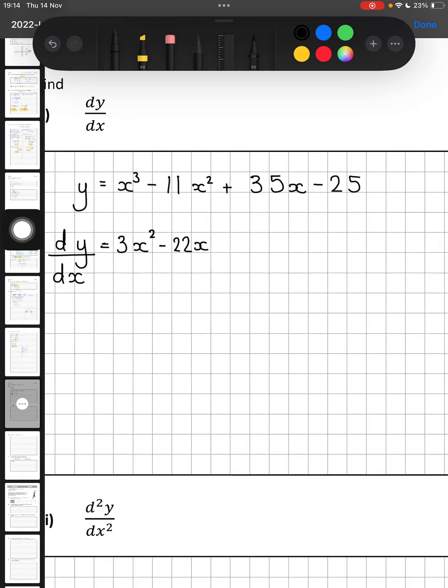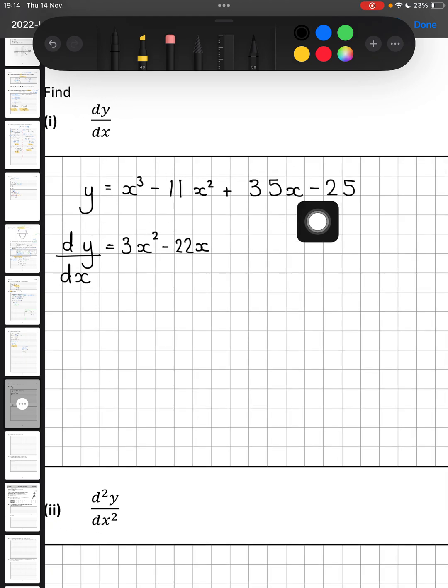Now, this is one of our rules, and we went through the reasoning behind this in class, and probably in previous videos as well. If in the original there is no power on the x, that means that in the derivative, it's just the number from in front, and the x is going to disappear.